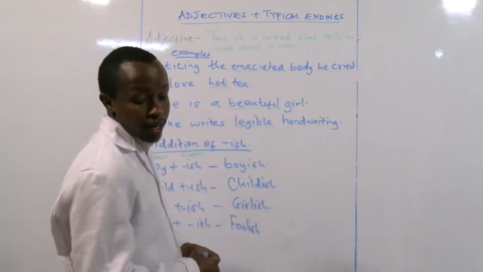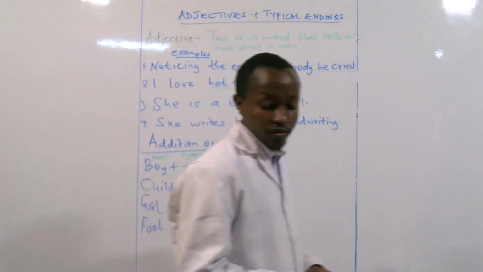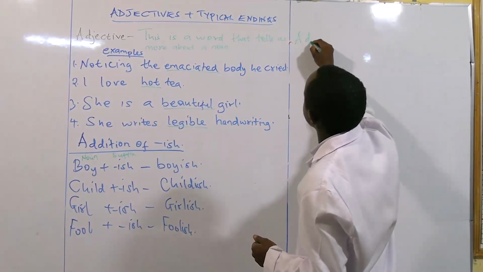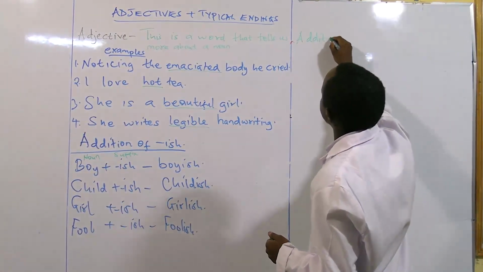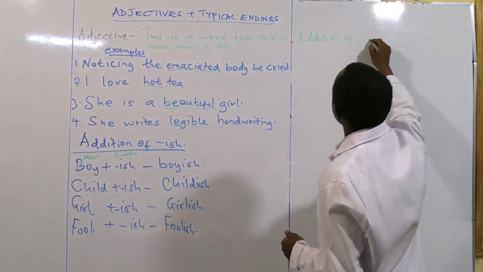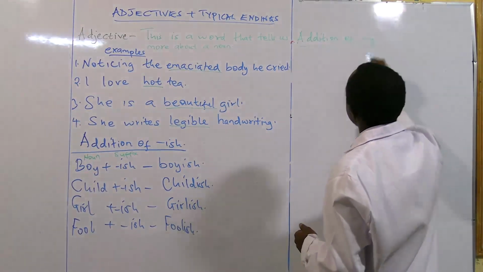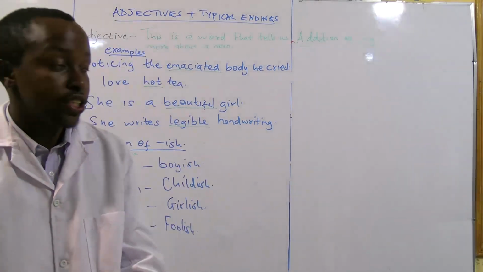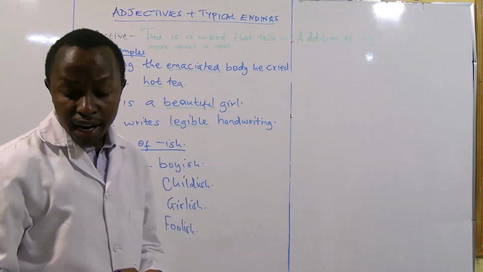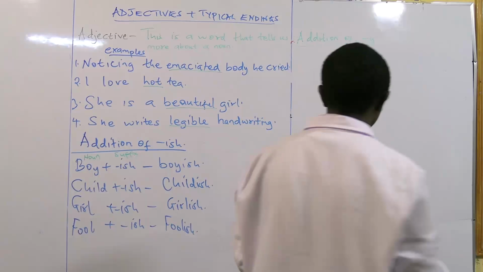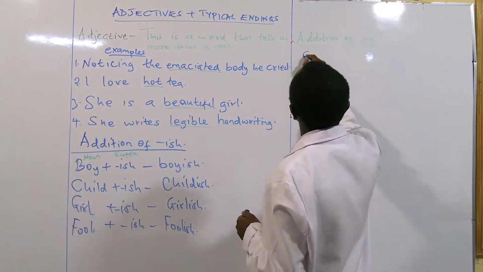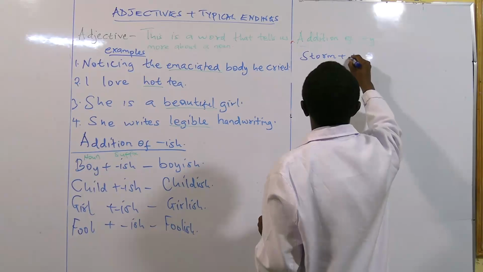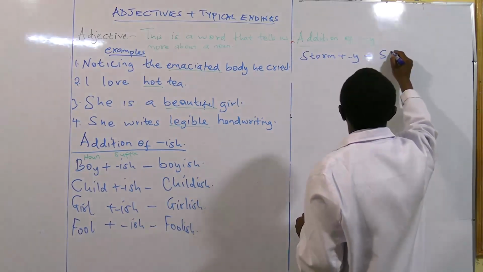Now, we have this other one, the addition of y. That's not the addition of y, we are saying addition of ye. Now, when we are adding ye, we can have storm plus ye becomes stormy.